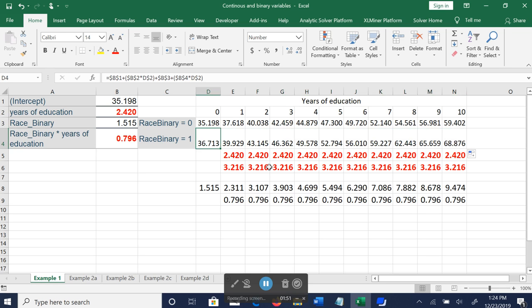And then we try to estimate how income changes for those from ratio category 0 when they acquire an additional year of schooling. And this is how income changes. Maybe their income changed by $2,420. Let's say this is income per $1,000. And we can just copy the formula over.